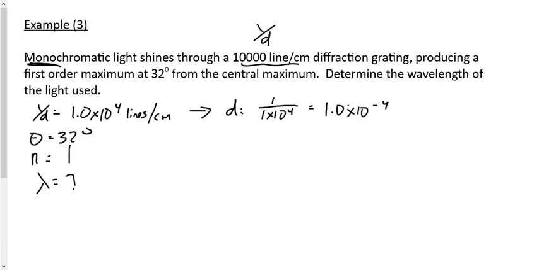But what units do we get there? Centimeters, which is 1.0 times 10 to the minus 6 meters. Does that make sense? Go to meters, but don't convert lines per centimeter to lines per meter. Convert lines per centimeter to centimeters, and then convert it to meters. Why do we not want to find lines per meter right away? How do you convert centimeters to meters?